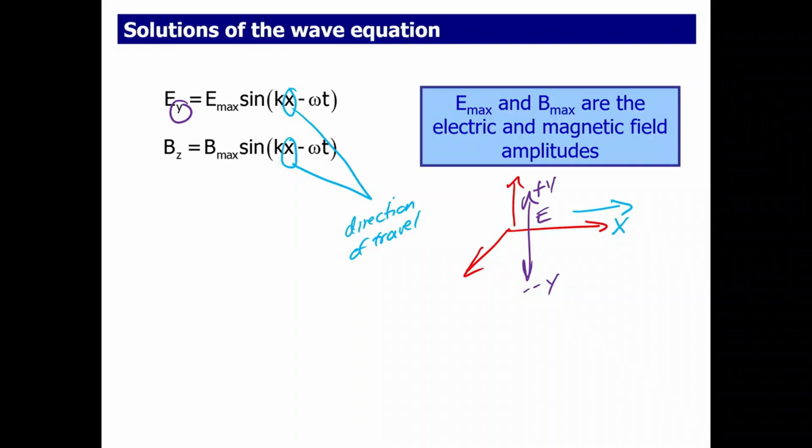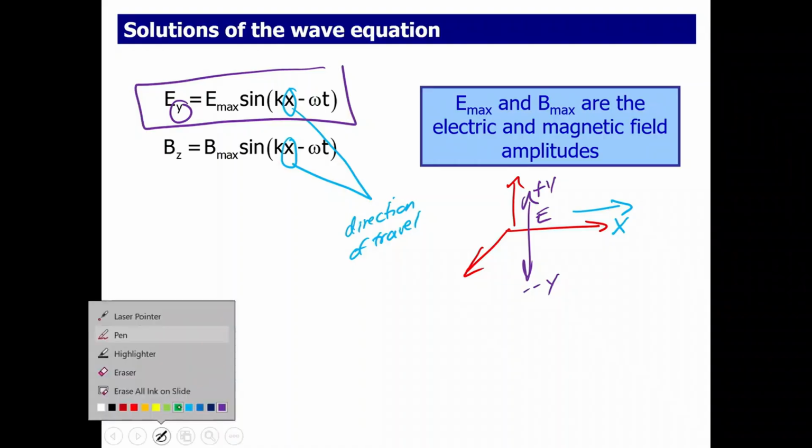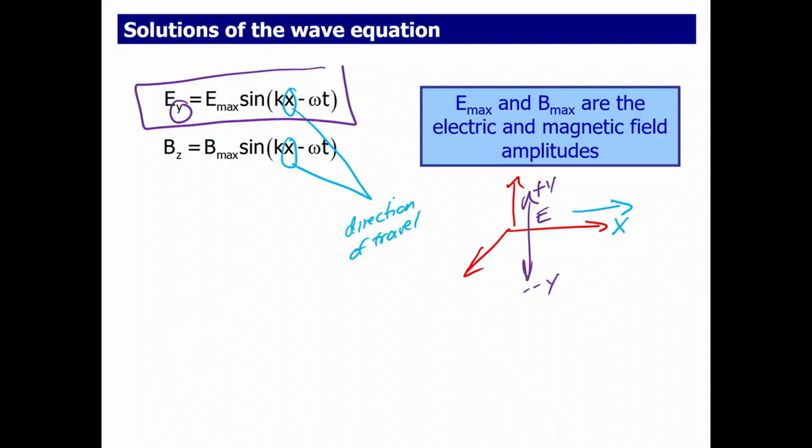By process of elimination, if all I had was this electric field equation and no one gave me the magnetic field, I could still know the direction of oscillation of B because it has to be perpendicular. So that means that my magnetic field would have to be in the positive and negative z direction.